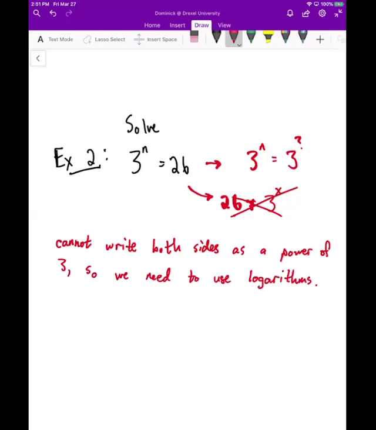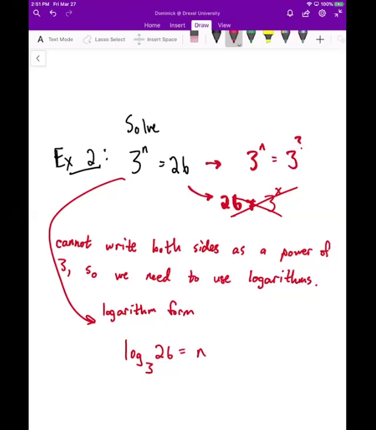Now, it turns out that if we convert this to logarithm form, well, I'm going to have a log base 3 of 26 is equal to n.